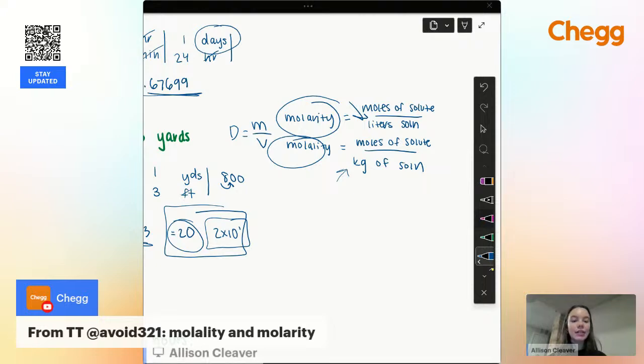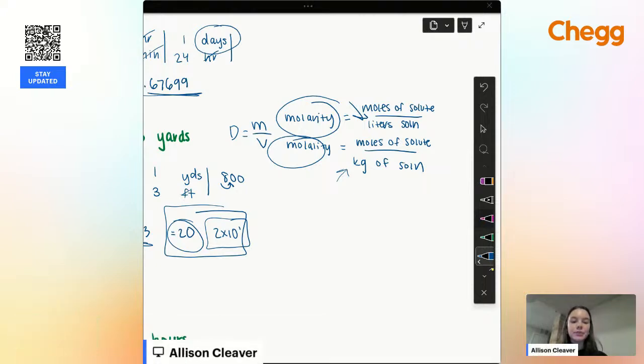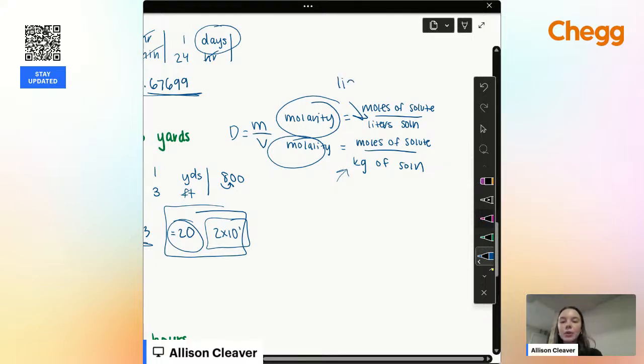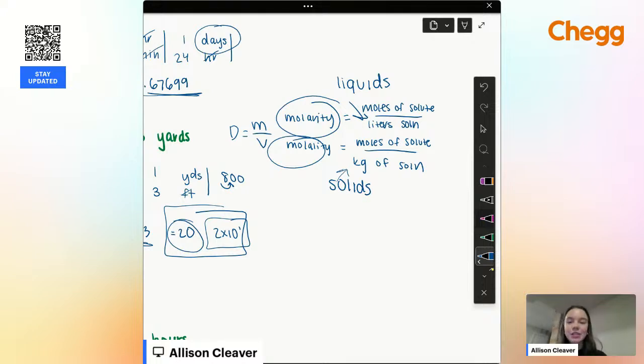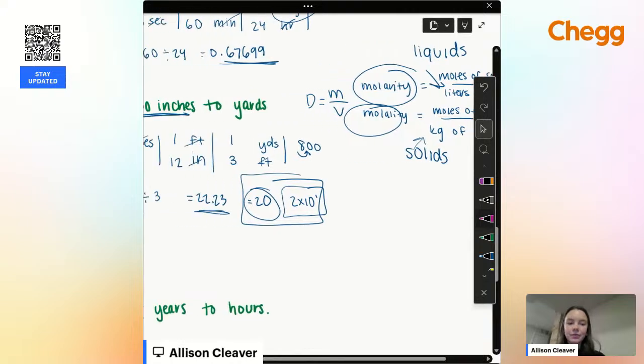Liters is liquid, kilograms is dry. So molarity is for liquids, and molality is for solids. Let me know if that answers the question, but that is the difference in molarity and molality.